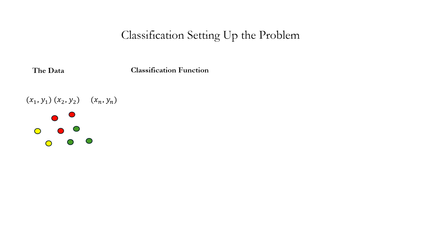So let's set up the classification problem. First, we've got the data. Then we set up the classification function, which is computing y hat using Wx plus b, giving the probability of y given x.